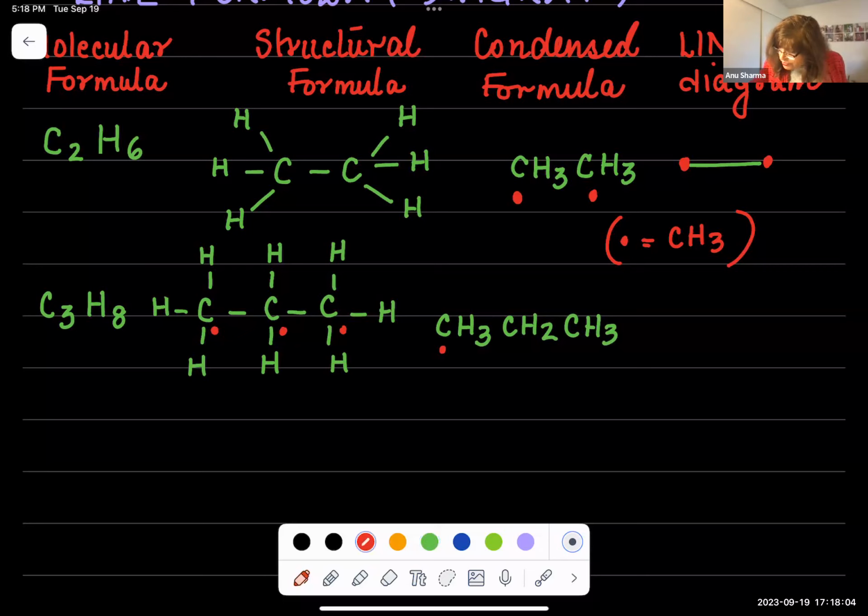So all the 3 carbons with the hydrogens have been placed. Okay. So how do you show the structure? So this is one end CH3, right? Then CH2, then CH3. So here, CH3, CH2, and CH3. Okay. So this is the way you will show this.